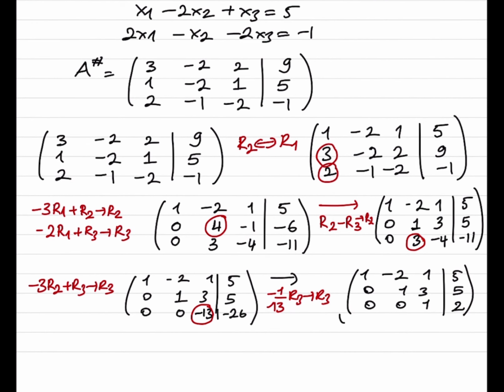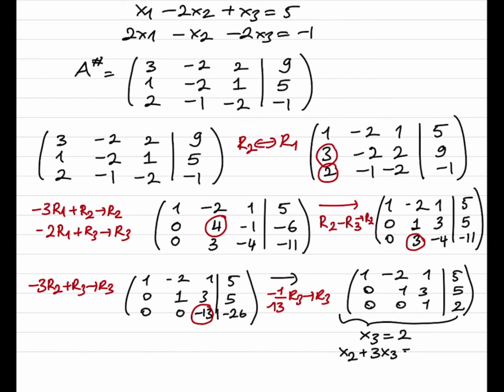Now we have a simpler system, and we can just read it from here, right? 0 times x1 plus 0 times x2 plus x3 is equal to 2. So we can just read this new system.